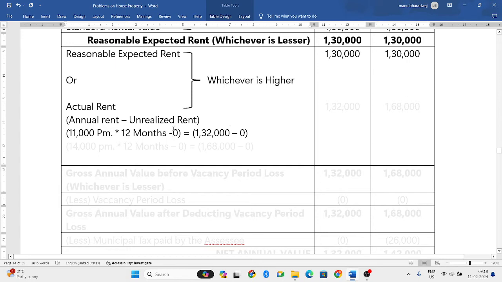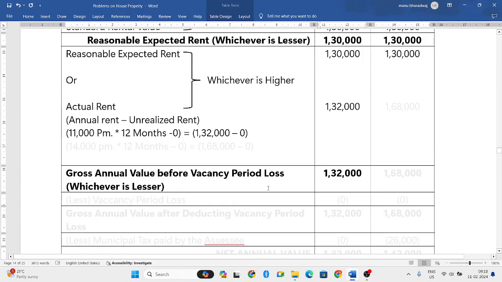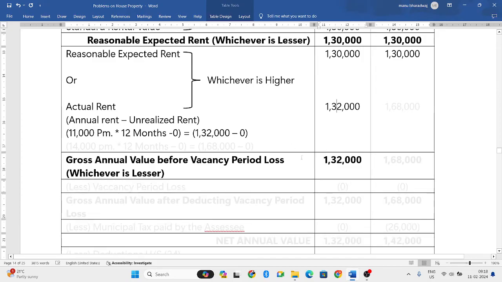Minus unrealized rent, which is 0. So we get 1,32,000 minus 0, so the net answer will be 1,32,000. Out of these two, whichever is higher will be considered as GAV before vacancy period loss.